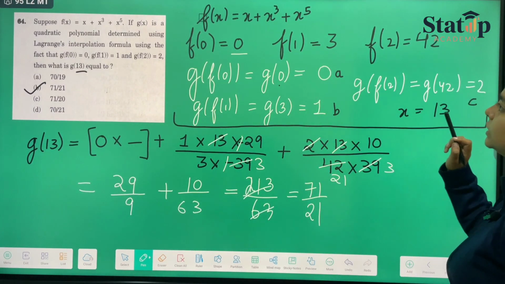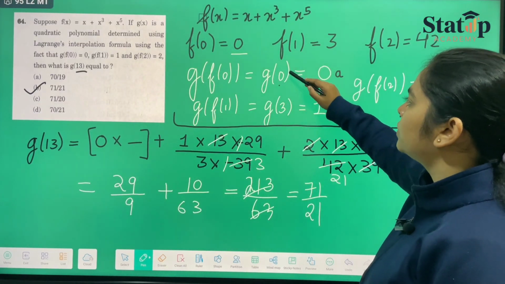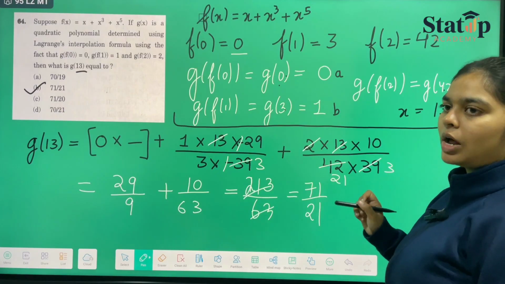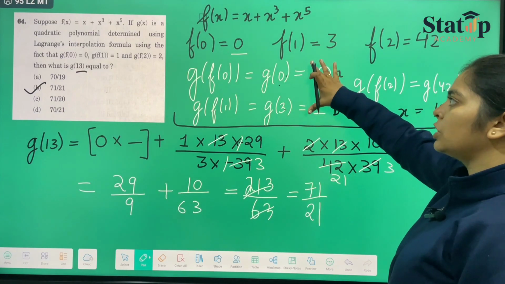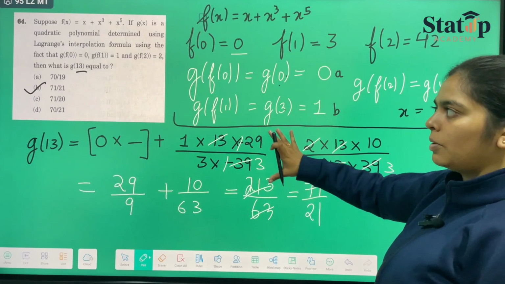If you don't calculate these and put just the values of 0, 1 and 2 instead of 0, 3 and 42, then your answer will go wrong. So this was the important part in this topic, and this was just the formula based one.